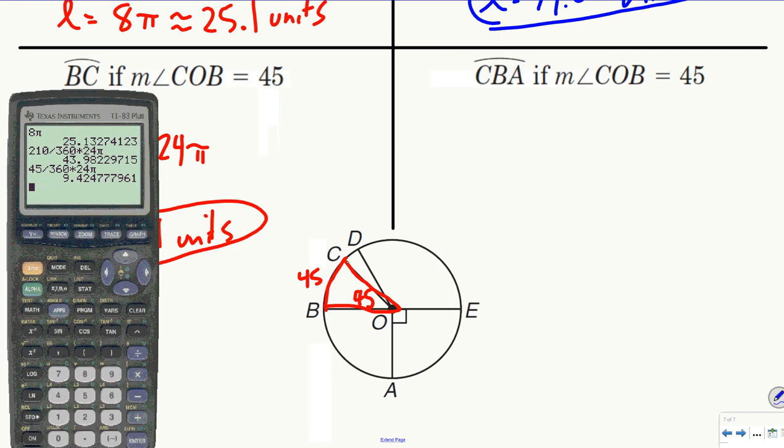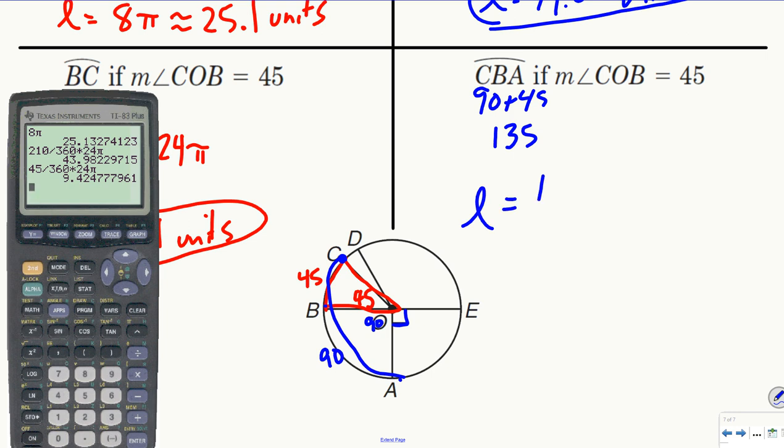And lastly, we want to find the length of arc CBA. So this is still a minor arc, but notice that it's listed through three letters. So we started at C, went through B to A. If this is 90 degrees, since this is a straight line, a diameter, it's 180 degrees. So if that's 90, this is 90. Together with the 45, CBA is 90 plus 45, so the arc measure is 135 degrees.